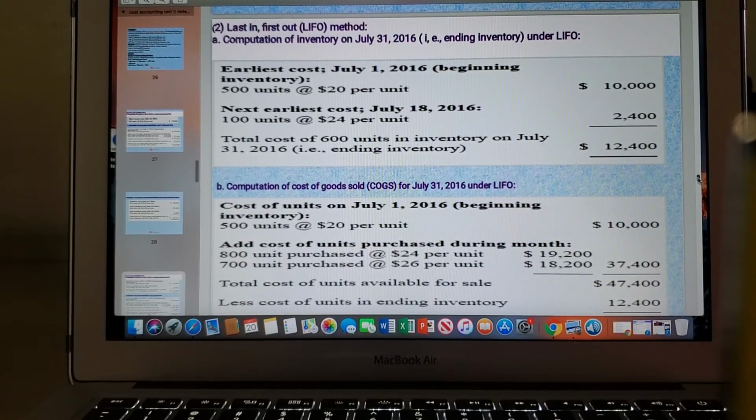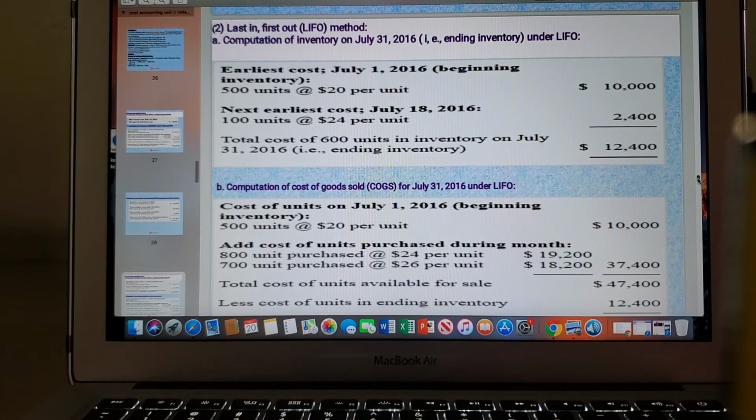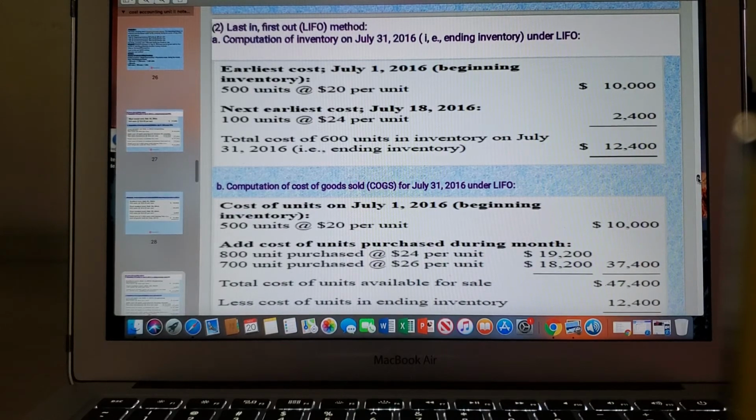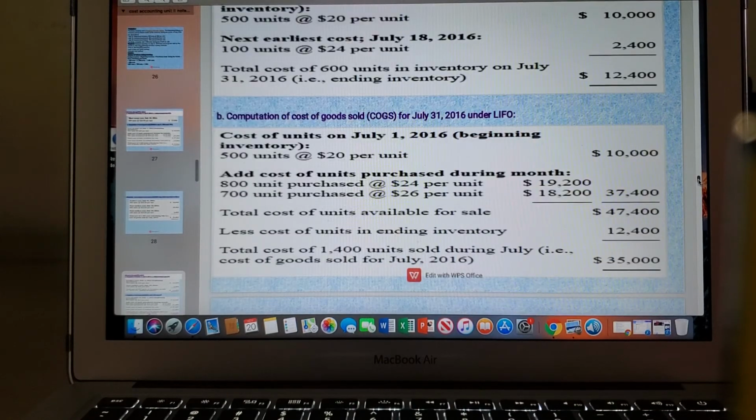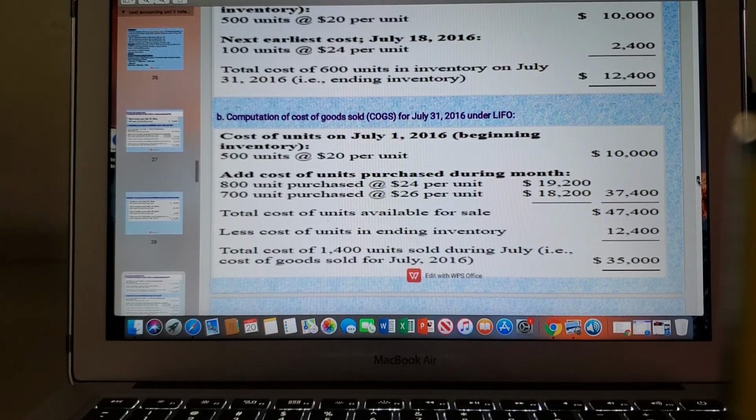So the total cost of units available for sale is the $37,400 plus the beginning inventory of $10,000, which works to $47,400. From this, we subtract the cost of units in ending inventory, which is $12,400. So the total cost of 1,400 units sold during July, that is cost of goods sold for July 2016, comes to $35,000.